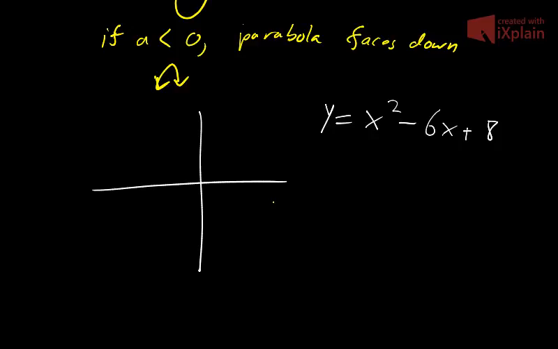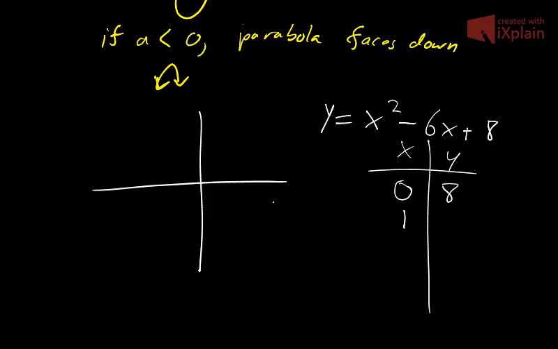That ought to work. So let me make my xy table, because that's what we're going to want to do for this. If I plug in a 0 for x, I get y equals 0 minus 0 plus 8. So y is 8.